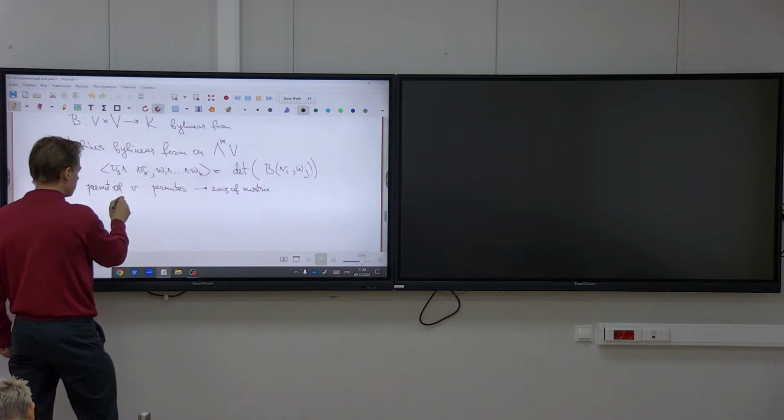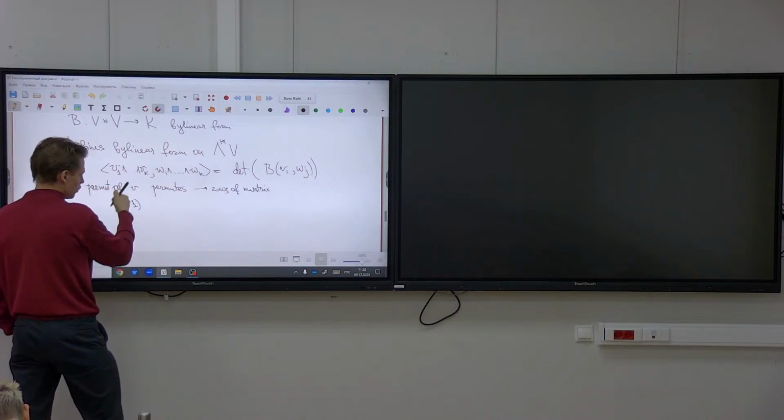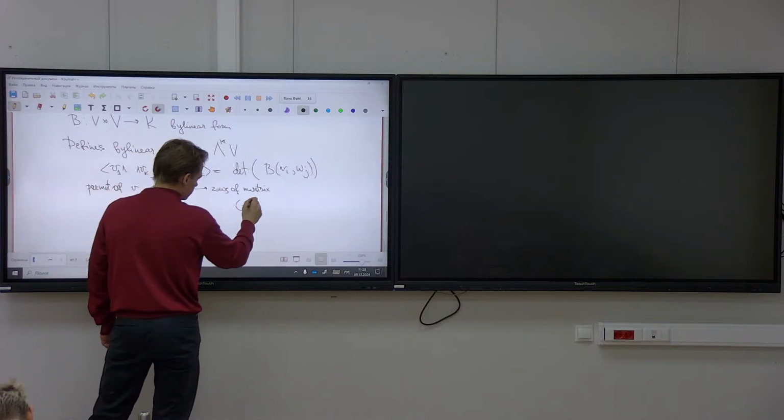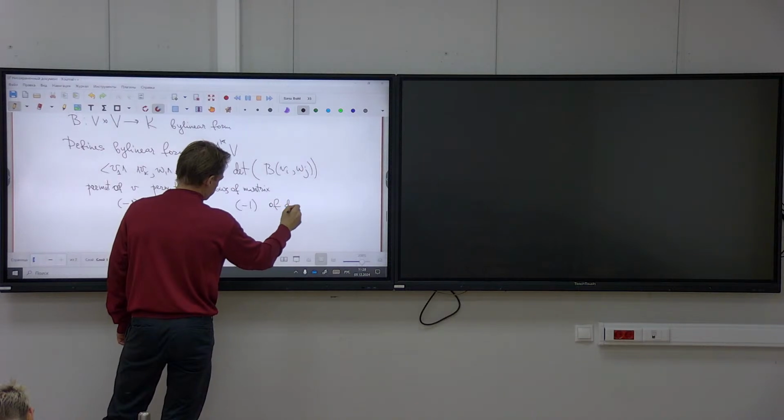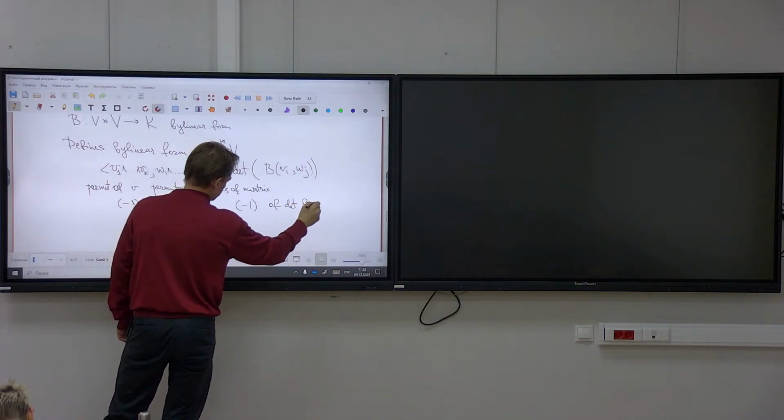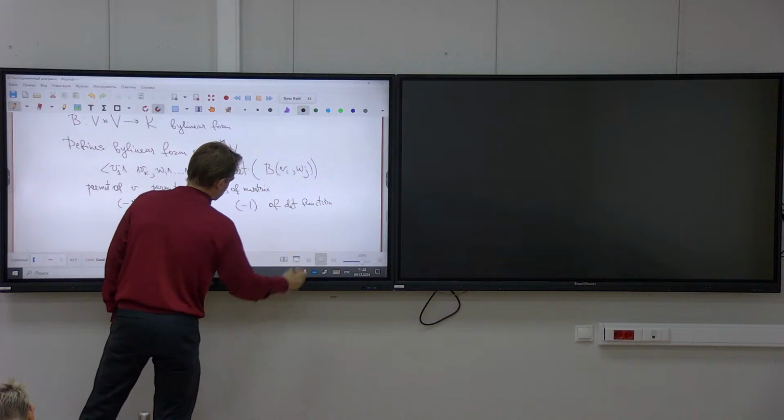So this results in a change by -1 in the monomial, and this results in a change by -1 of the value of the determinant function.